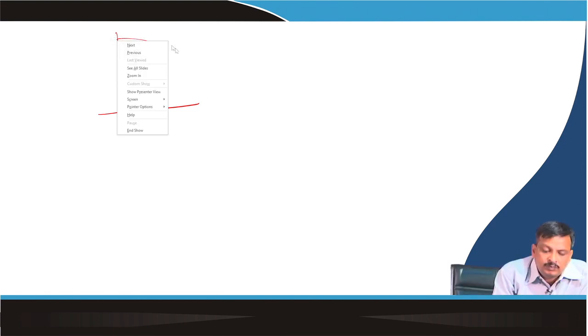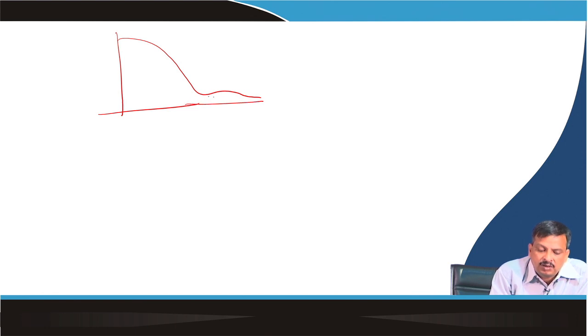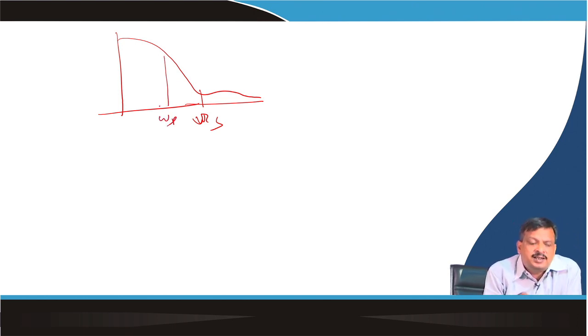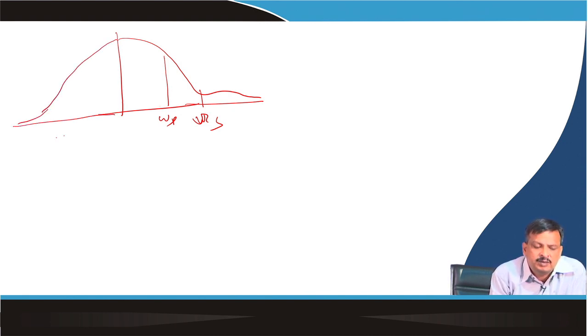Suppose I want to design this filter, let us say my filter frequency response looks like this. This is my omega s, this is my omega p. This side is the negative side, minus omega, and this side is plus omega.